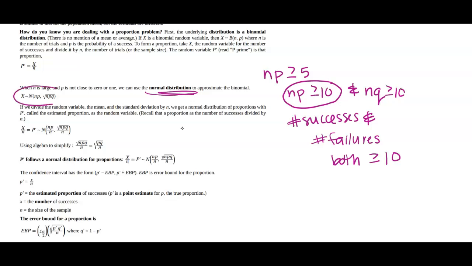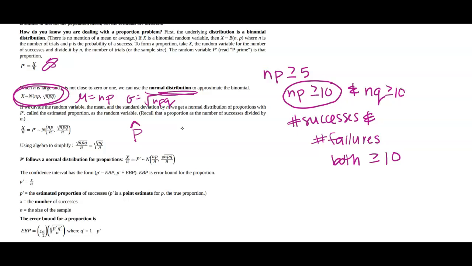And so X follows a distribution where the mean is N times P and the standard deviation is the square root of N, P, and Q. But we don't want X, we want a proportion. So you would divide these two things by N. When that happens, you end up getting the distribution of P prime, but our book calls it P hat.